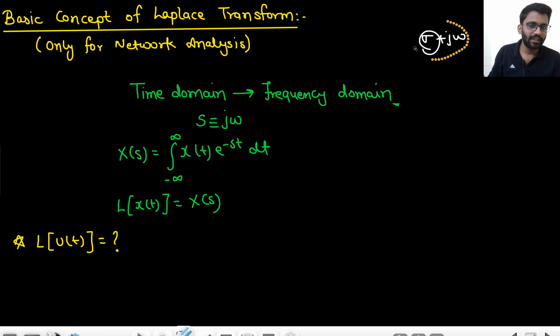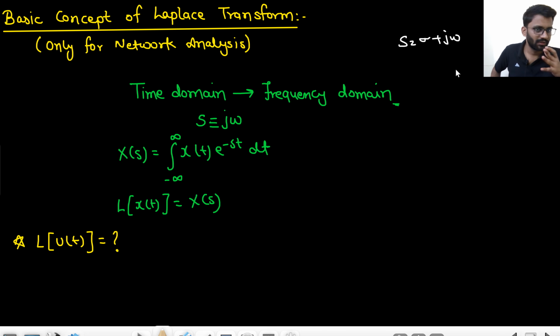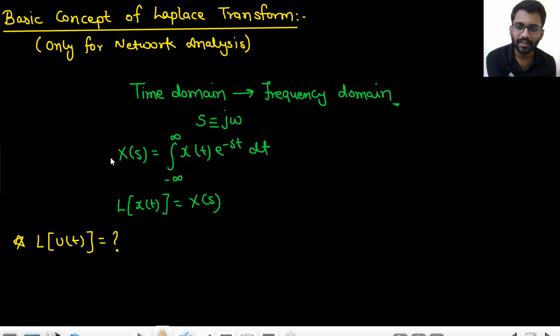For network analysis, you just need to know that s is equivalent to jω. In the interview, no one will ask you about s = σ + jω or anything; in analog domain interviews they don't ask that much deeper knowledge. In signals and systems, I will teach you. So s equals jω, and this is the Laplace transform.